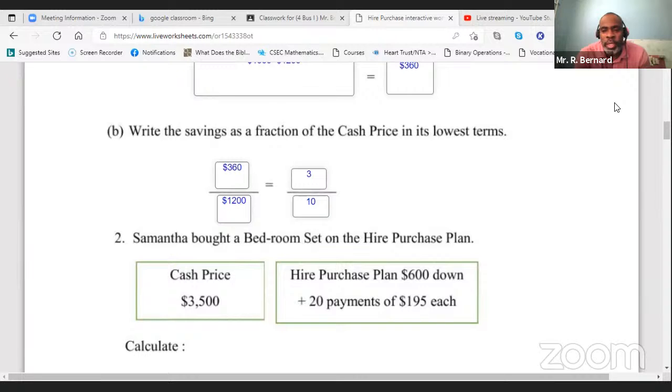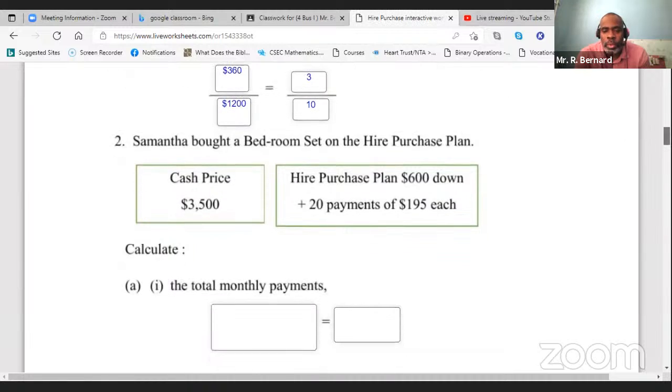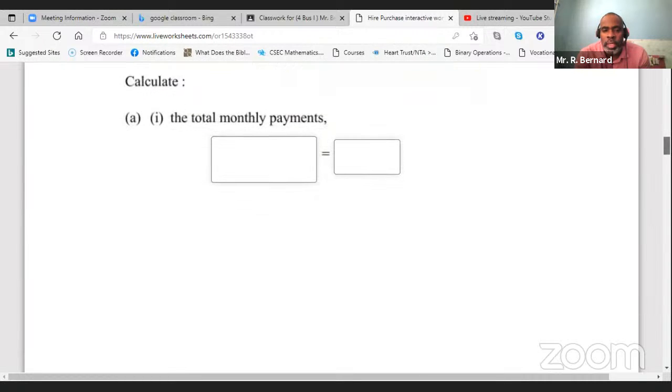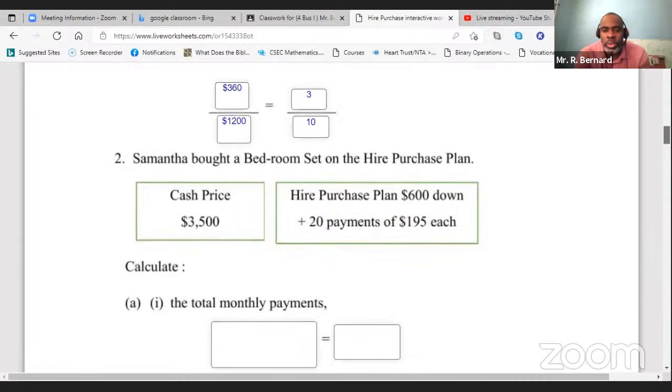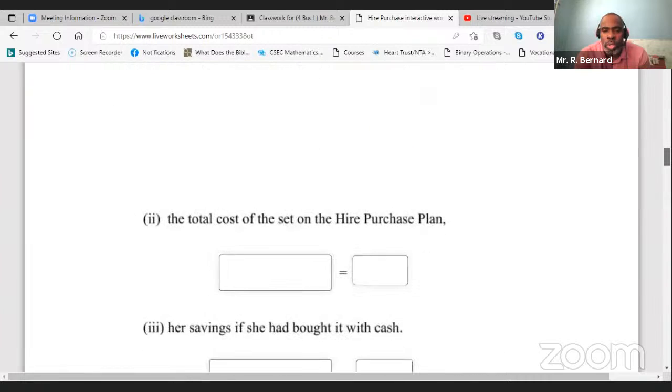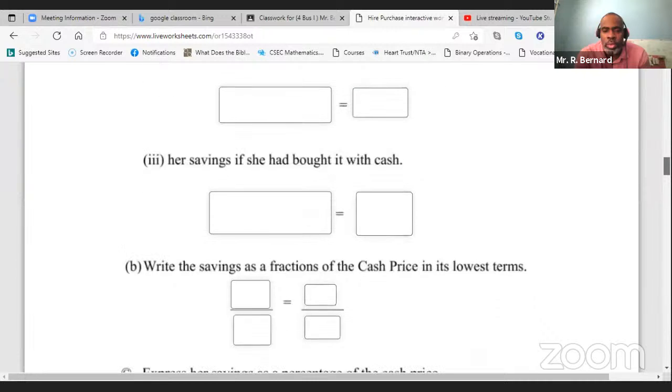It is saying to me that some persons are not sure how to break things down to lowest terms.